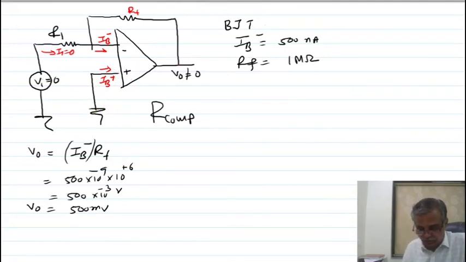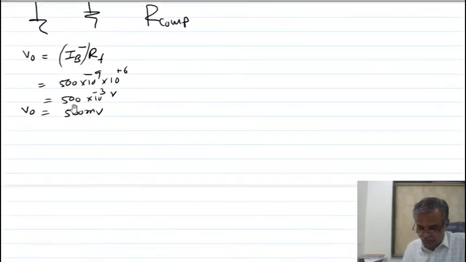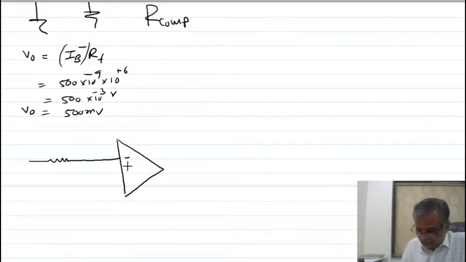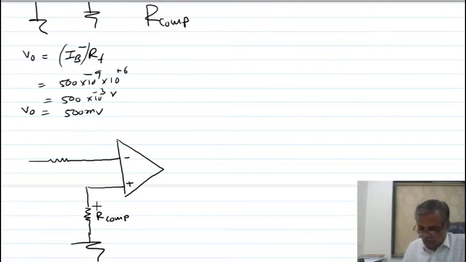That I am showing you in another circuit, in which the error is minimized by introducing the R compensated resistor between the non-inverting terminal and ground terminal.